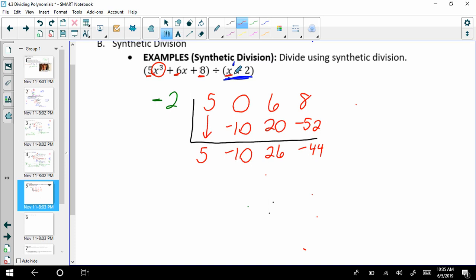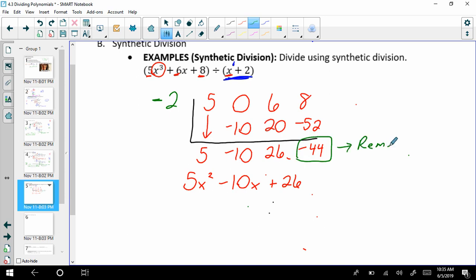by an x. So our answer is going to be 1 less than the exponent of the original. So we're going to have 5x squared minus 10x plus 26. And you might have guessed it, this last number here is the remainder.